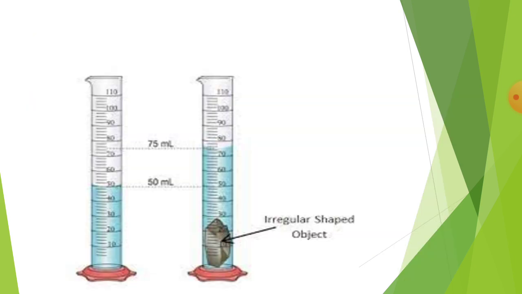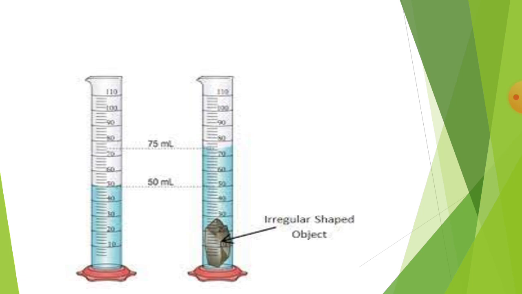So, the mass, we'll simply place it on a scale and take the reading. For the volume, we will take a measuring cylinder, this tube that you see in front of you, and we will fill it about halfway with water. Then we will place our pebble slowly and carefully into the water until it's completely immersed.